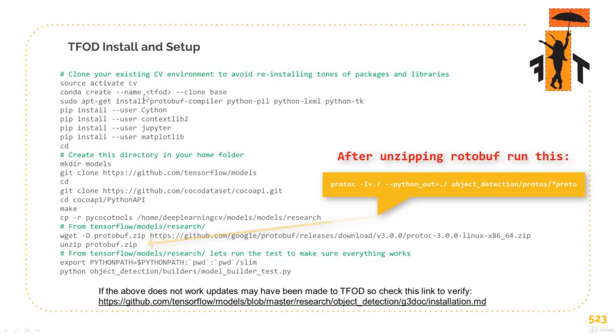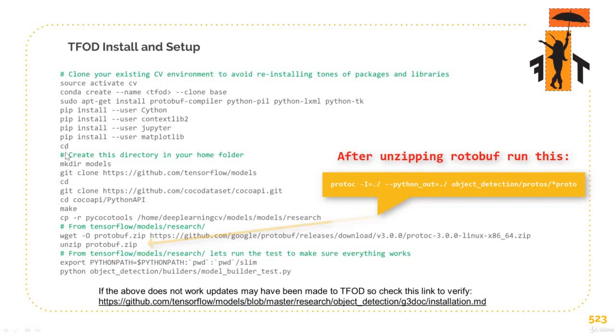So anyway, copy this line in your terminal and clone your CV environment, and then run this line here: sudo apt-get install protobuf-compiler, python-pil, python-lxml and python-tk. Okay, then we do pip install Cython, pip install contextlib2, Jupyter, matplotlib, and then go back.